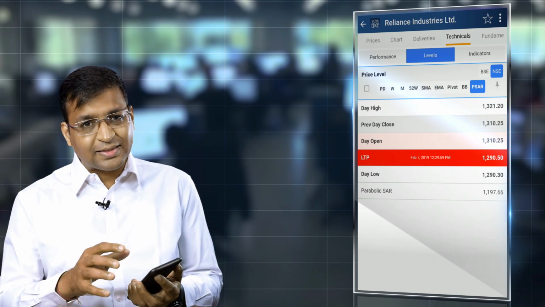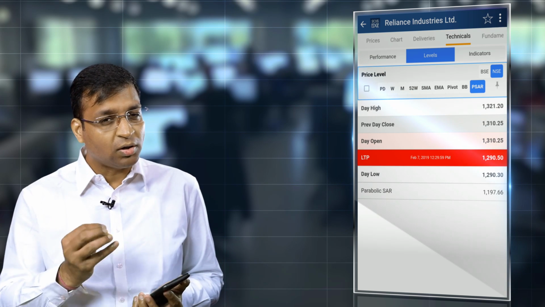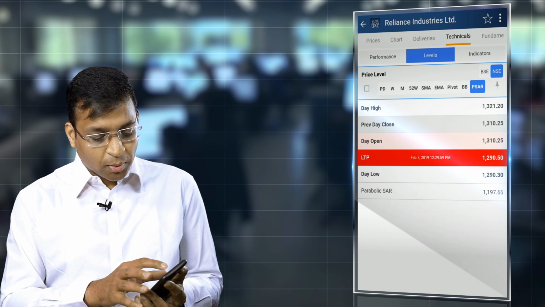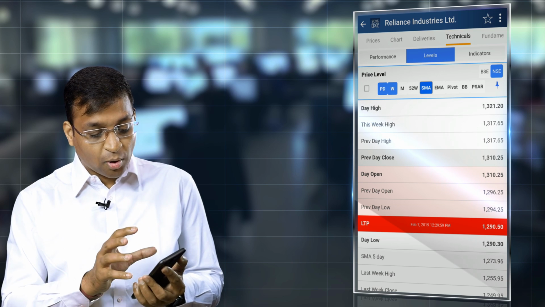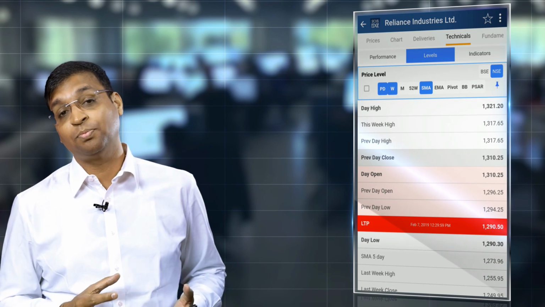And if you select a few of these depending upon your objective, so if you are a short-term trader and want a 2-day, 3-day or 5-day swing, probably you would like to select previous day, weekly high, low, close, and probably simple moving average for your judgment about where the stock can take support and resistance.